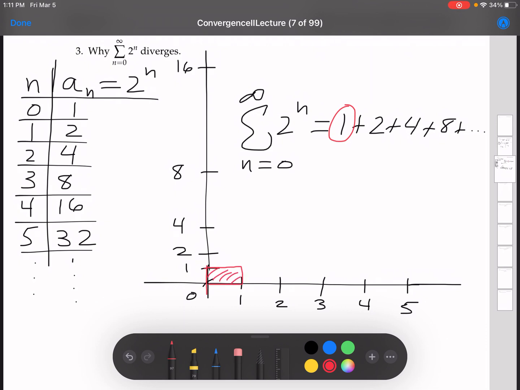The height is a_0, 1. Now this next one, we go up to a height of 2. This next one here, we're going up to 4. This next one up to 8.